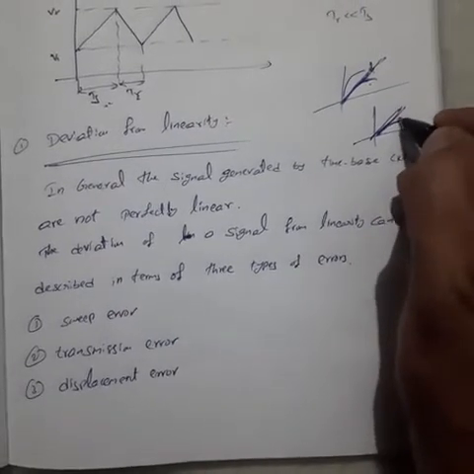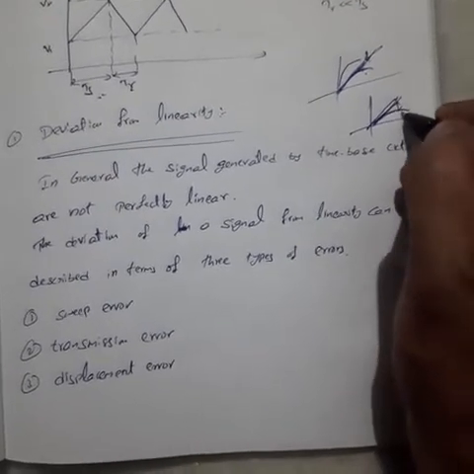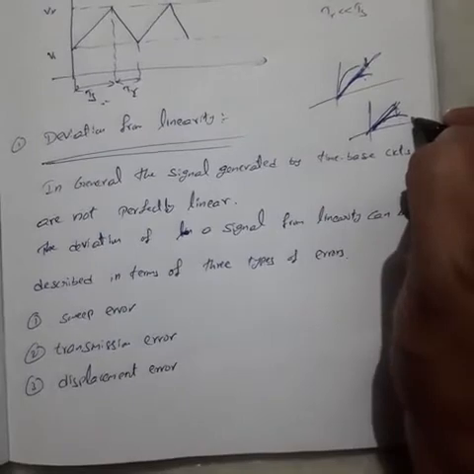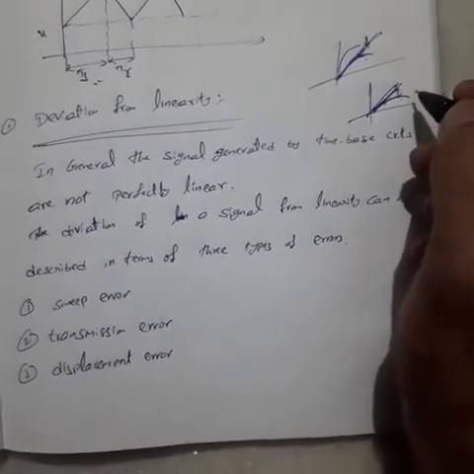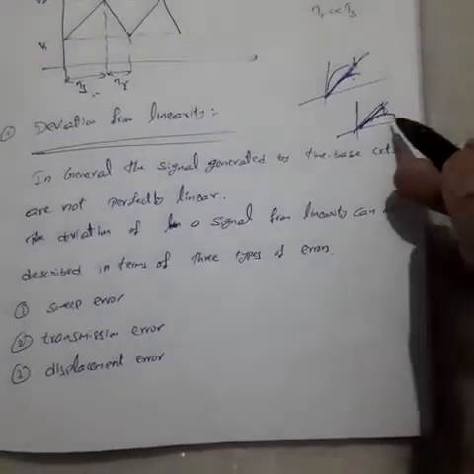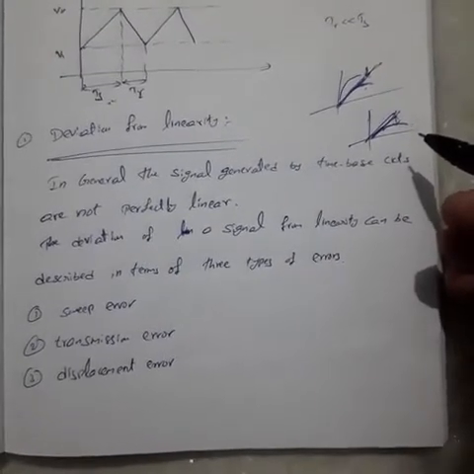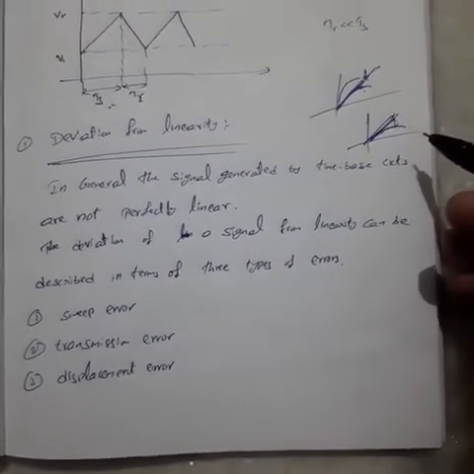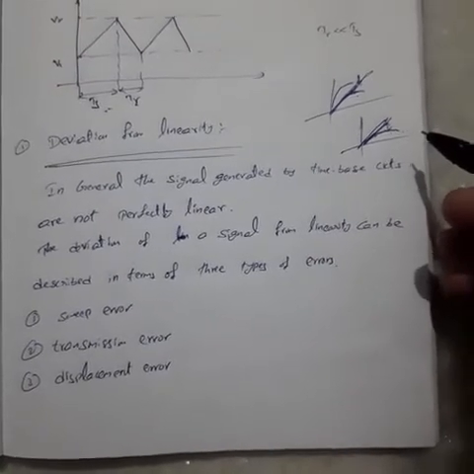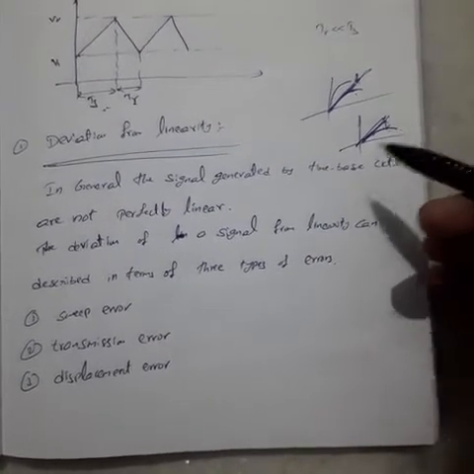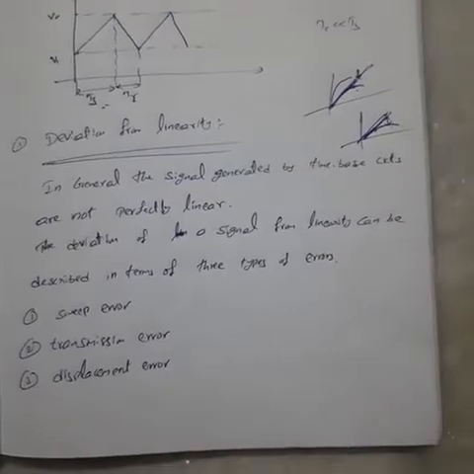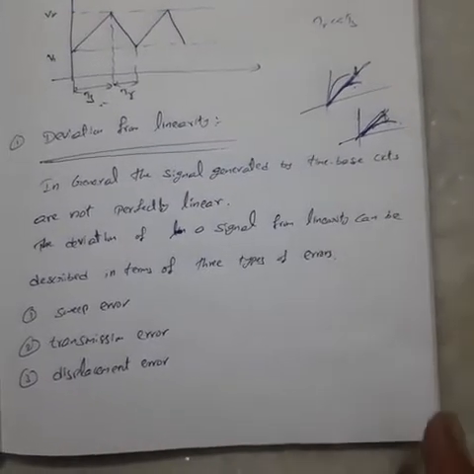This error is called deviation. It deviates from the actual value. There are three types of deviation errors: first, sweep error; second, transmission error; third, displacement error.